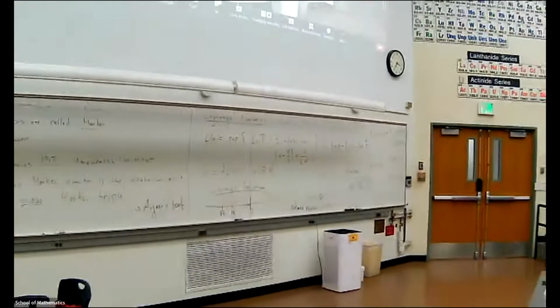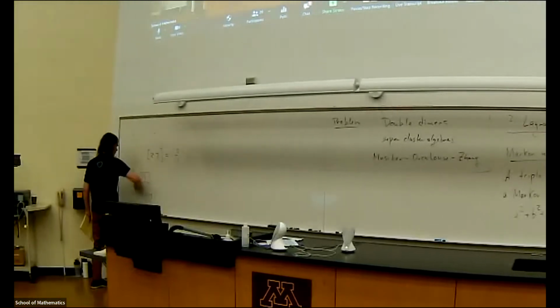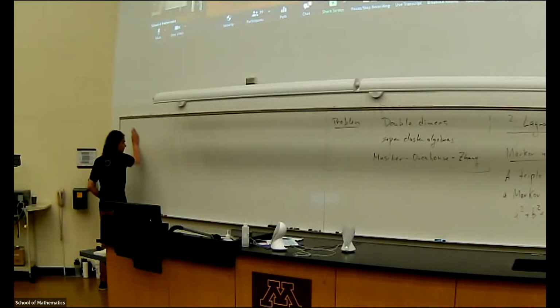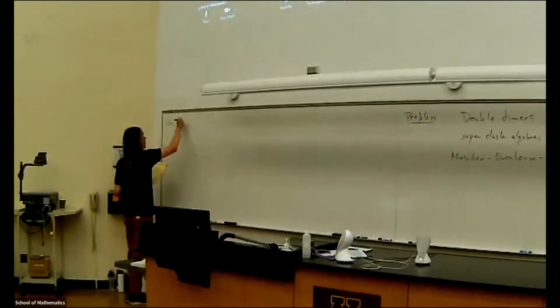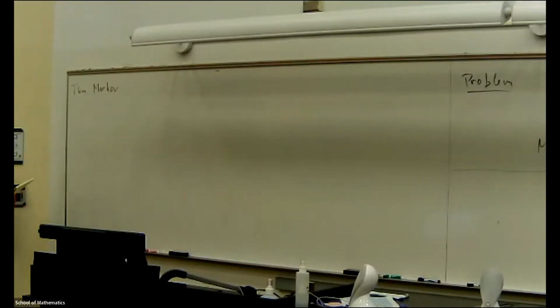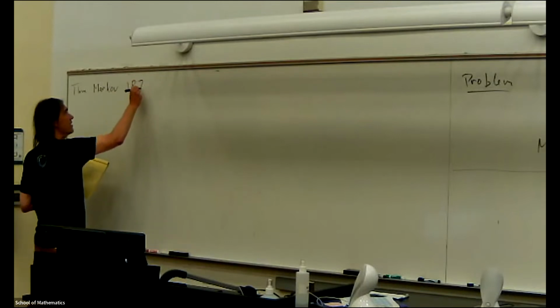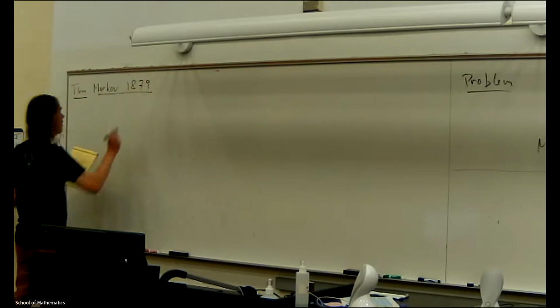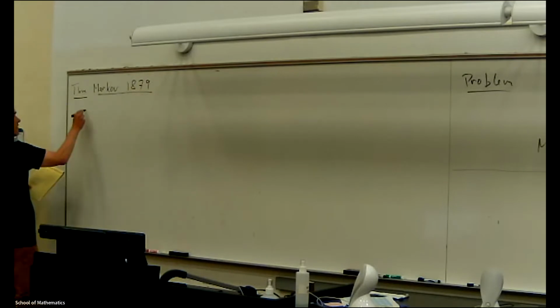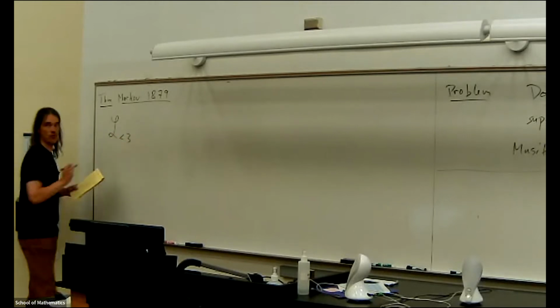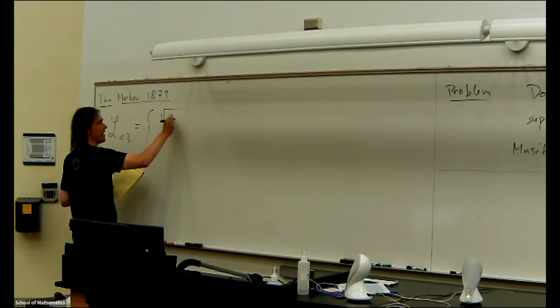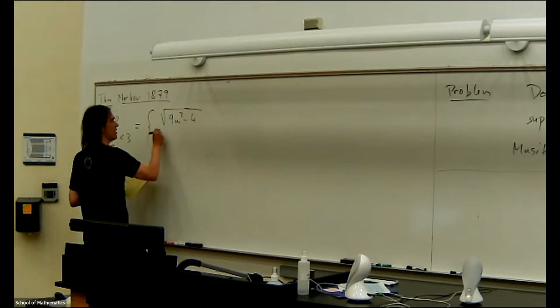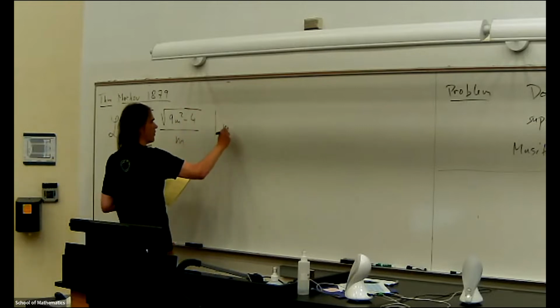And now, Markov was interested in that, so let me write down his theorem. 1879: this discrete part of the Lagrange spectrum, so the part which is smaller than 3, is equal to the set of square roots of 9m squared minus 4, divided by m, where m runs over all Markov numbers.